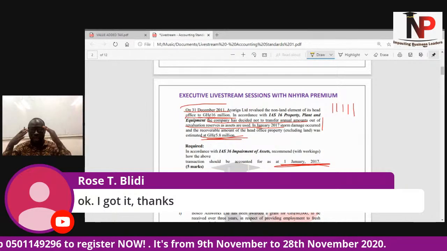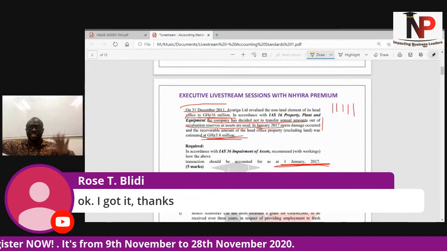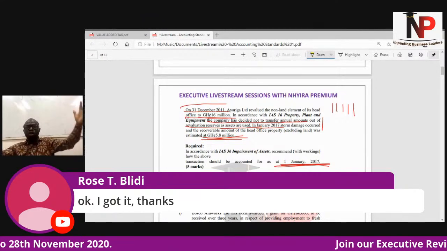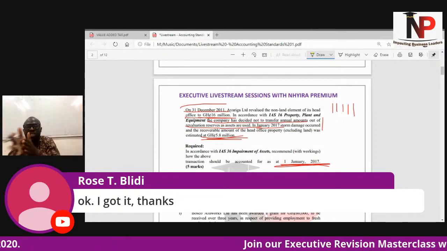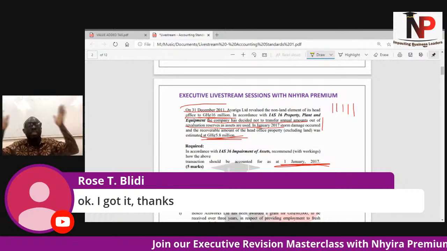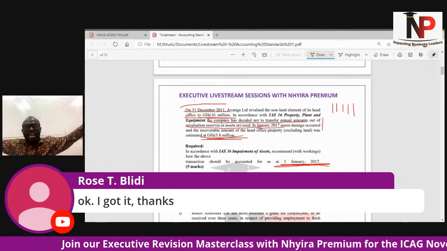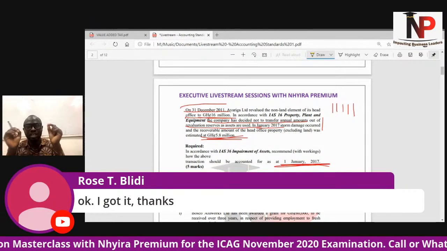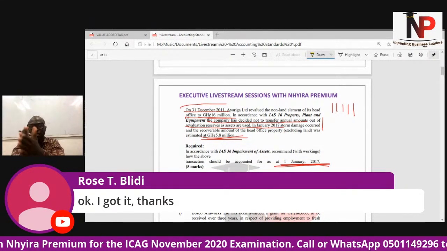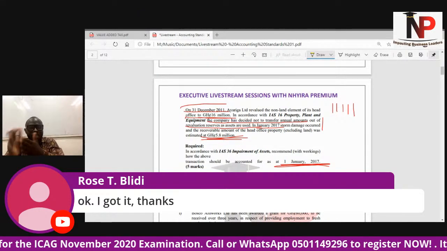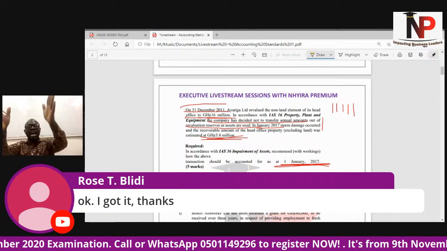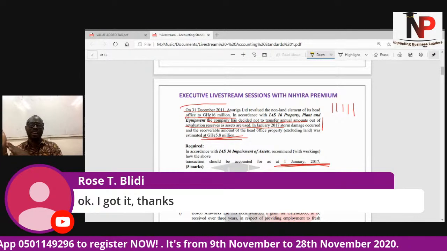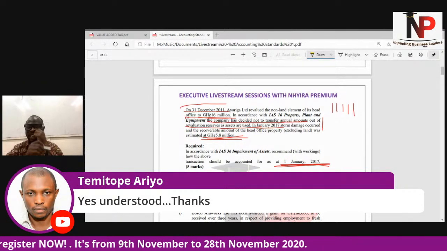It is not just that I have learned IAS 16, so I put it somewhere, and I've learned IAS 36, so I put it somewhere. No, you've got to find out how you can bring a marriage ceremony between them, because the standards are not islands on their own. They are always related with each other. You have to be able to bring them together so that they can marry and stay happily forever after. All right? So that is it about that.